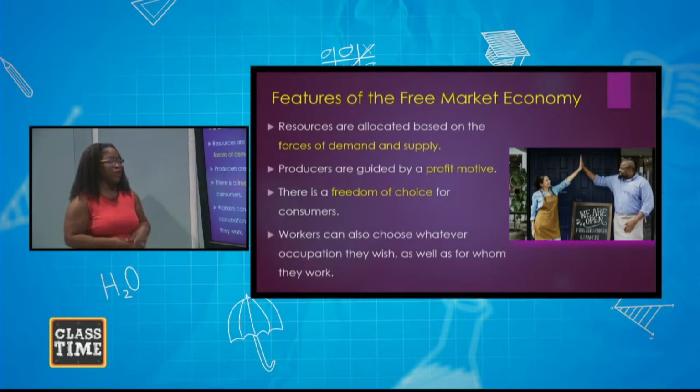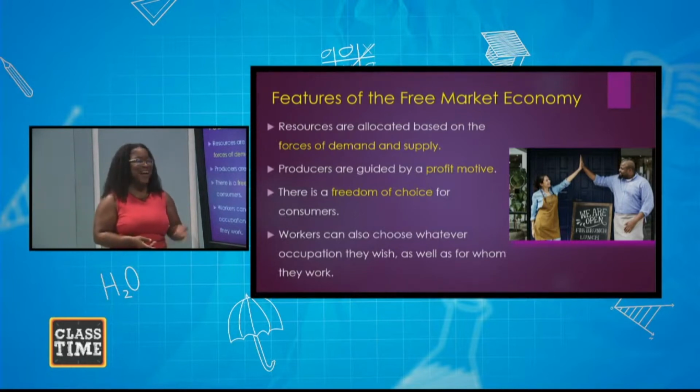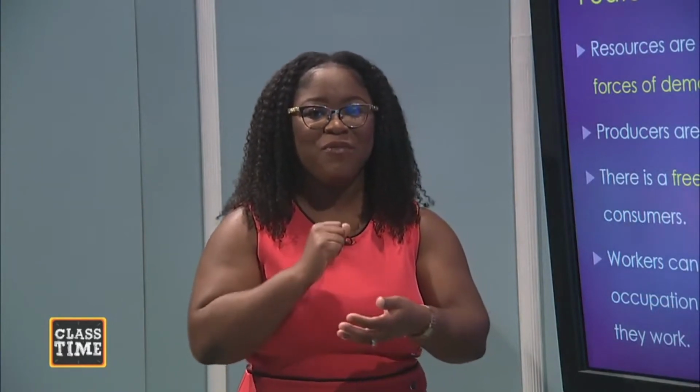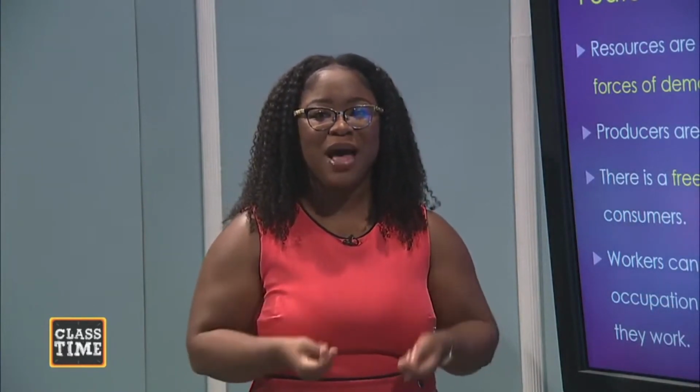There's a freedom of choice for consumers. As you look at this feature, think back: there's an opposite feature in the command economy, where we said there was a lack of choice, because the government produces what we are using in society, so they may not hit the nail on the head in providing the things that people are really demanding, because they're providing the necessities.